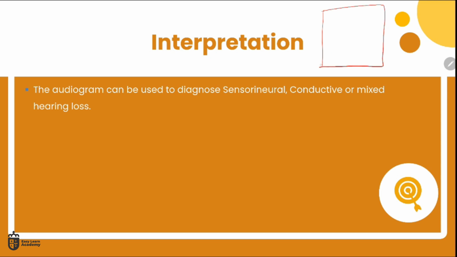And if you look at the graph I'm drawing on your screen, there's 0, there's 10, and there's 20, and there's 30, and there's 40, and there's 50, and it goes like that. Now, anything between here and here that's above the 20 decibel mark will be said to be normal. So that is a normal audiogram. And this is point 1. So greater than 20 decibels is normal.